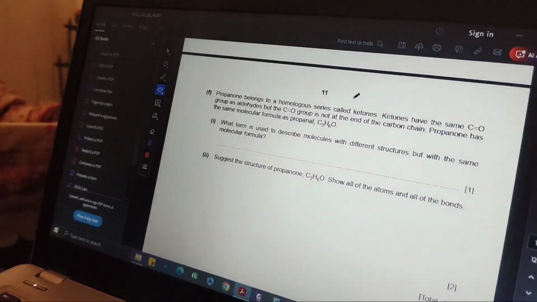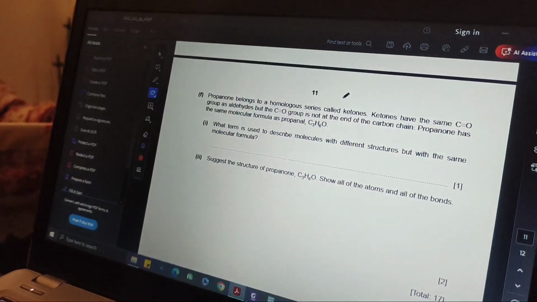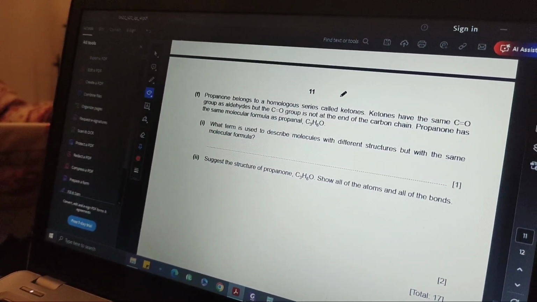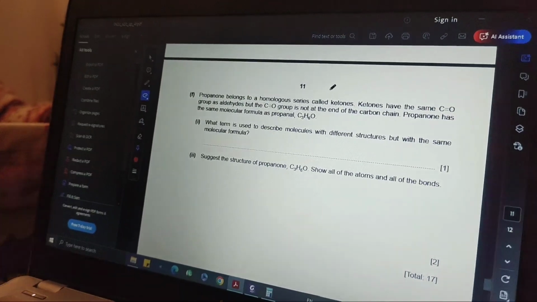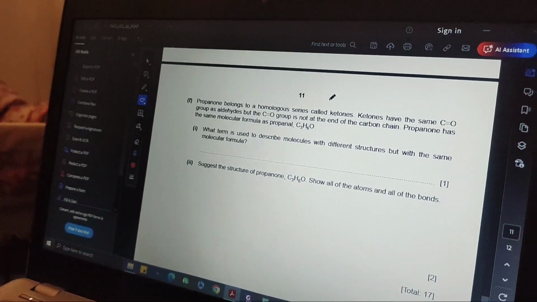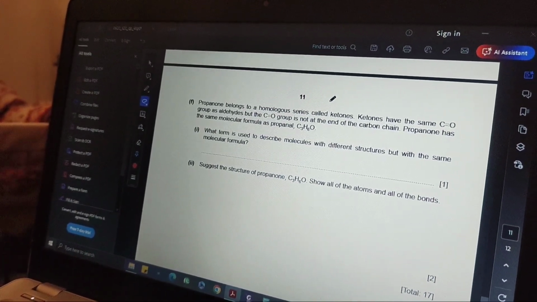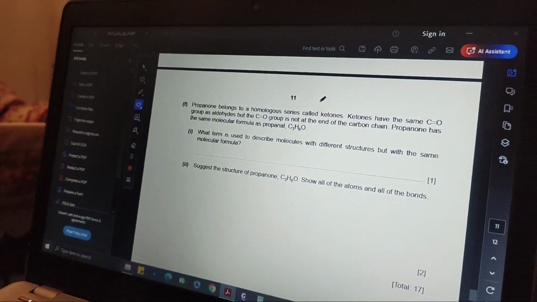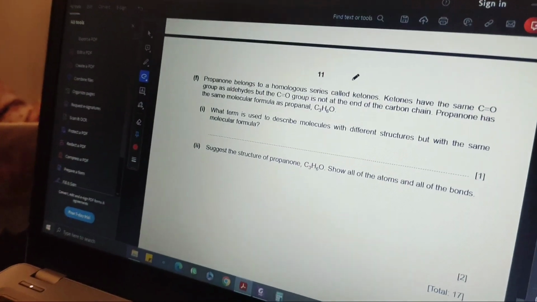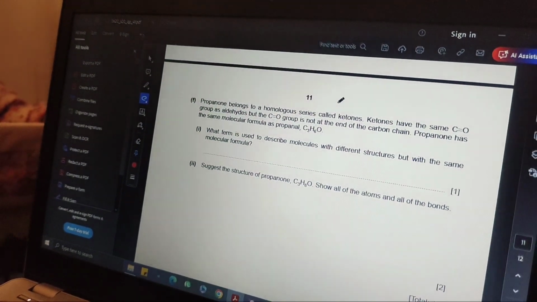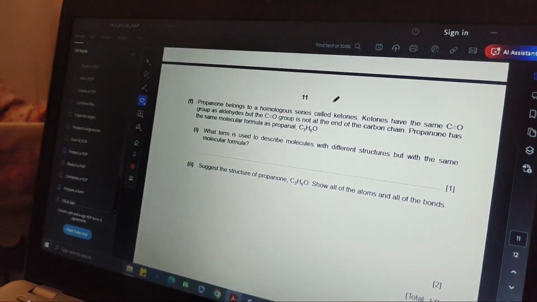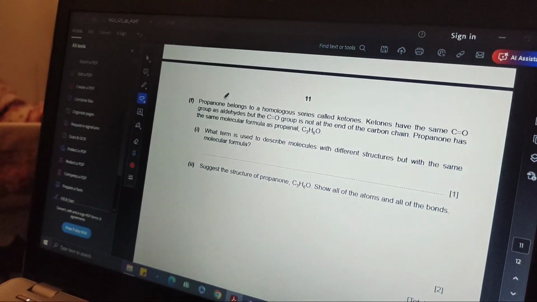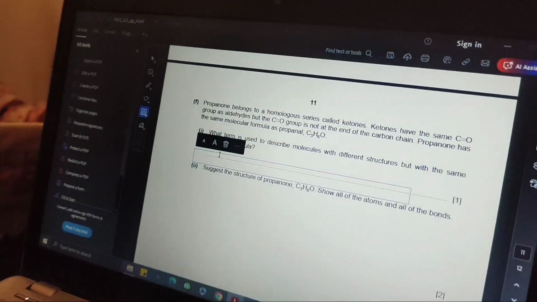Okay, so propanone belongs to the homologous series called ketones. Ketones have the C double bond O group as aldehydes, but the C double bond O group is not at the end of the carbon chain. Propanone has the same molecular formula as propanal, C3H6O. What term is used to describe molecules with different structures but the same molecular formula? That is isomers.